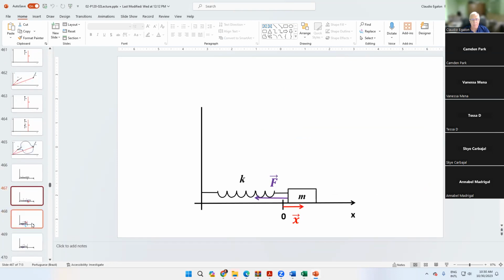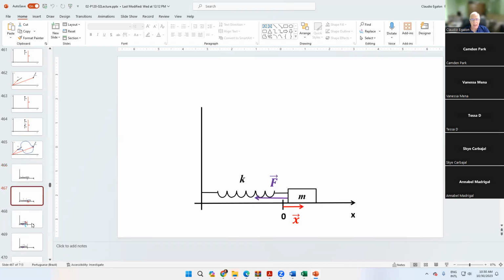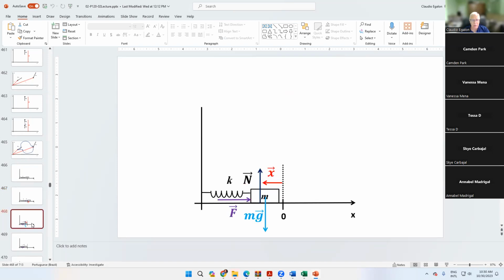This force varies. It increases as the displacement increases, right? At this point here in the axis, the force that the spring applies to the object is 0. But as I start to stretch the spring or compress the spring, the force increases.